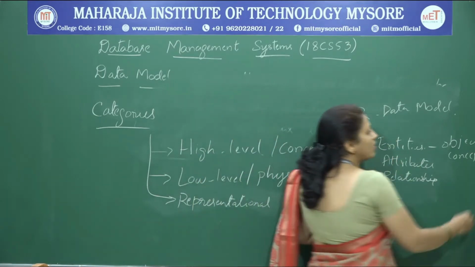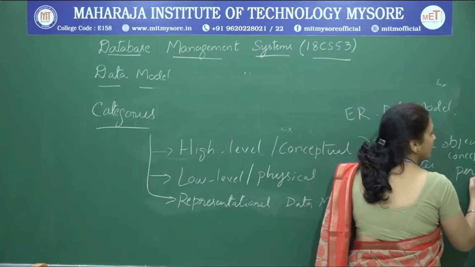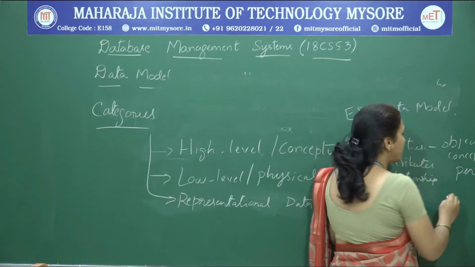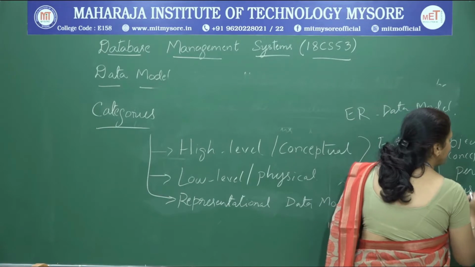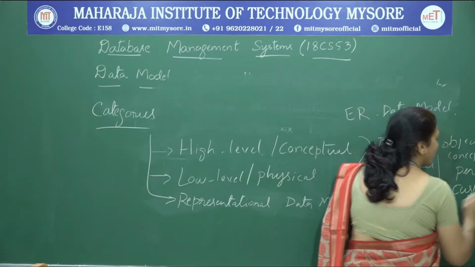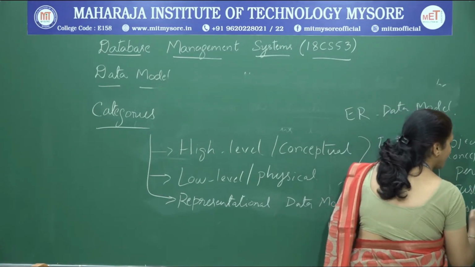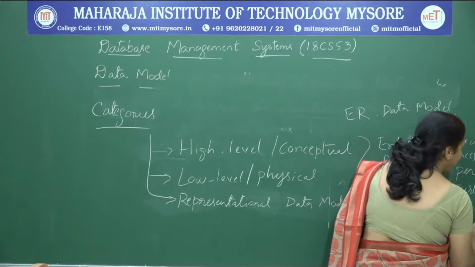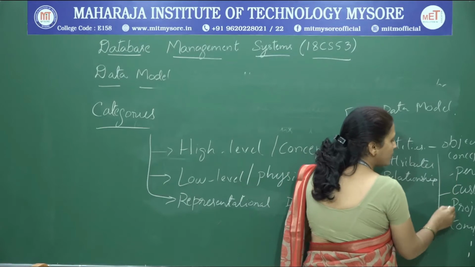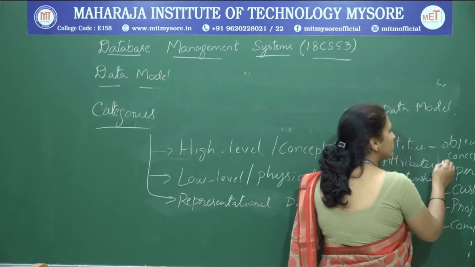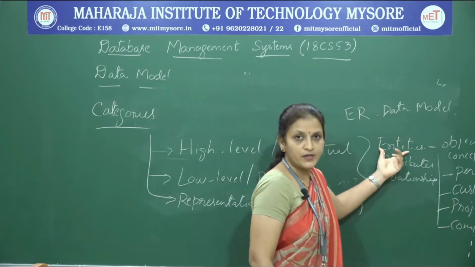For example, a person, he can be an entity, right? And then customer, a project, company, many more. Here person, customer, project, company, all these things form examples for entities, right?